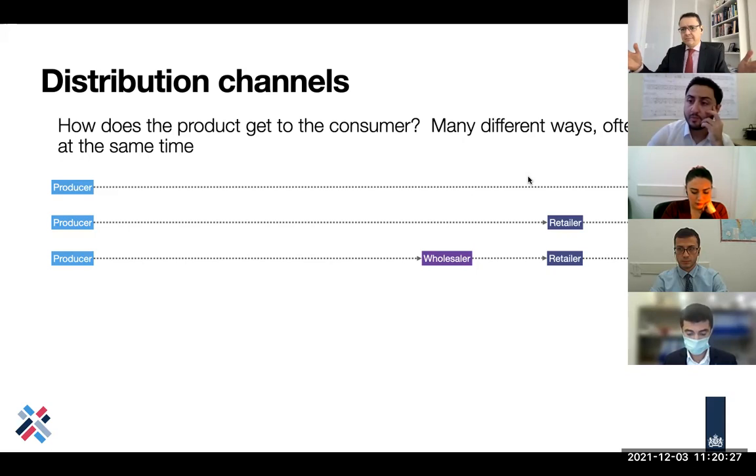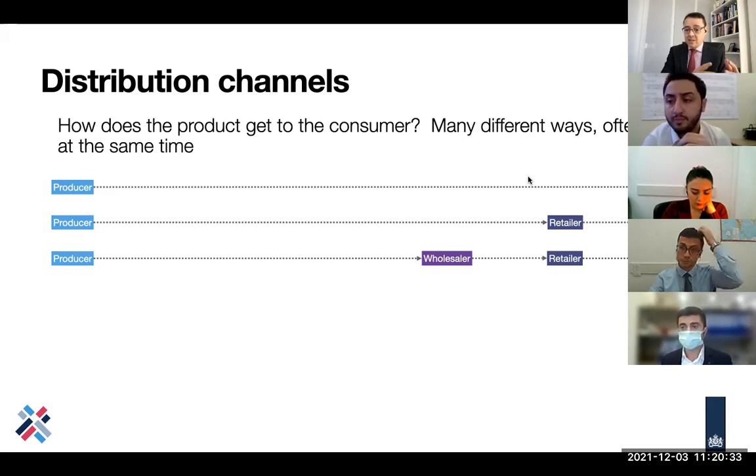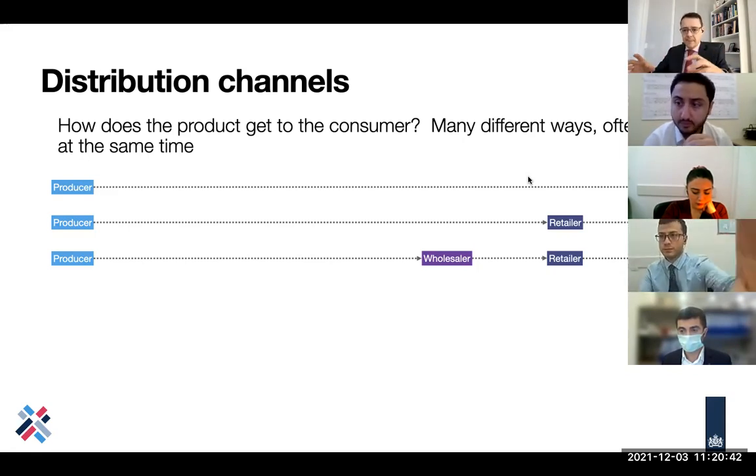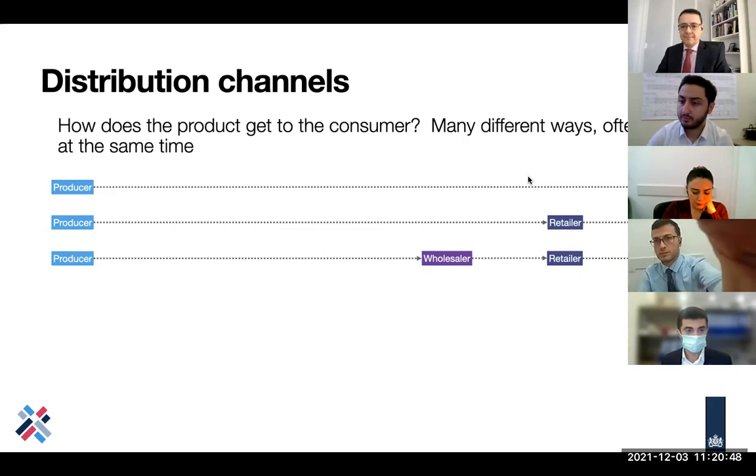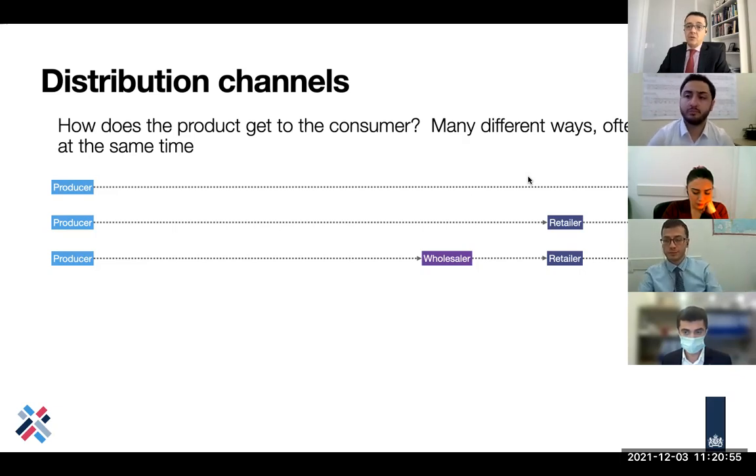They buy a few boxes, but not a pallet. That pallet is too much. So there is a need for a wholesaler in that distribution channel so that the producer puts it at the wholesaler through commercial arrangements, and that wholesaler breaks down those big volumes into smaller volumes that can more easily go to different retailers, right?